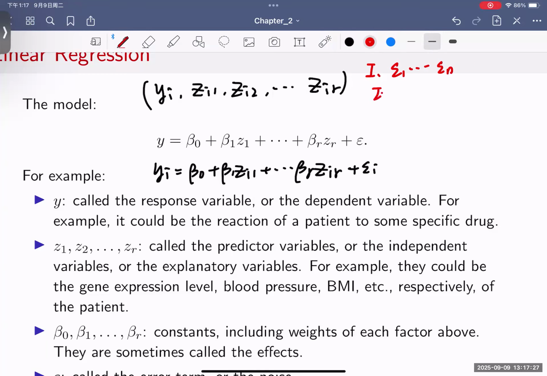This type of thing we will mention later: independent and identically distributed.